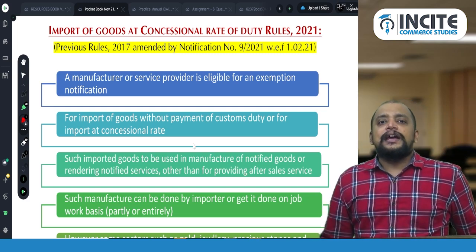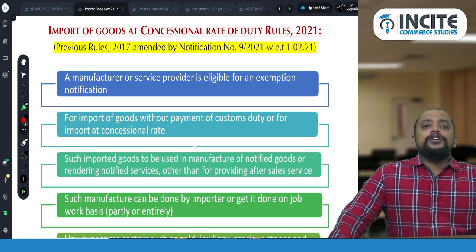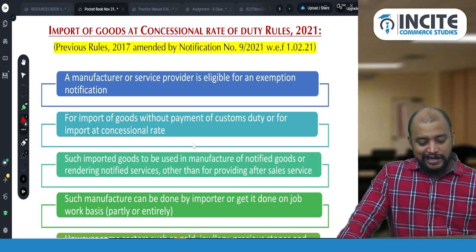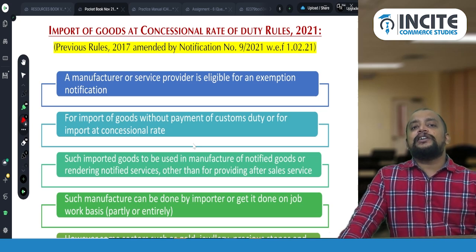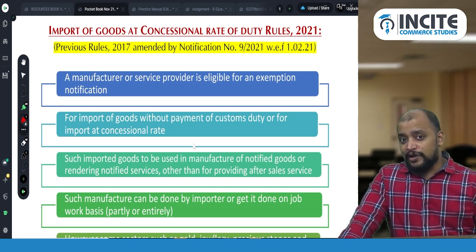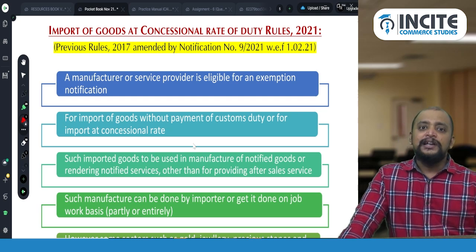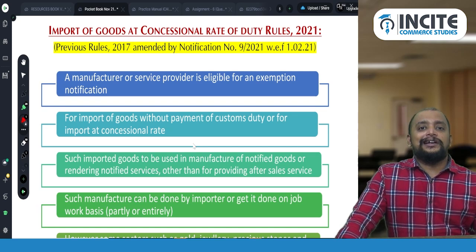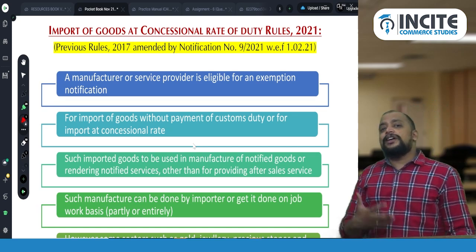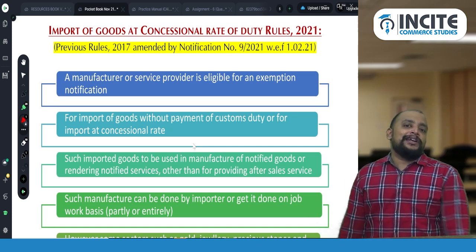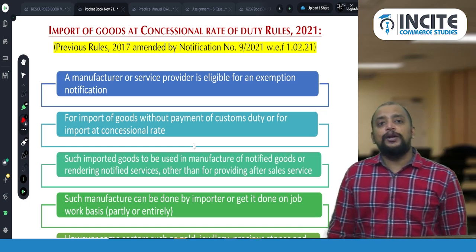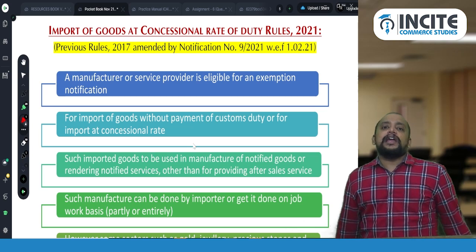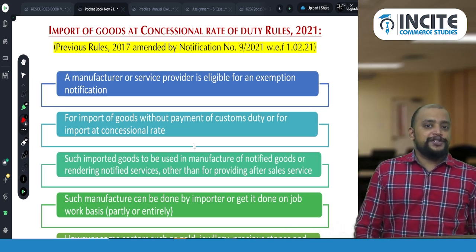Second, those who are into education related operations, online coaching or online education, edutech companies, can import the equipment for conducting online classes, like cameras, digital boards, touchscreen devices, etc., which are again exempt from payment of customs duty.